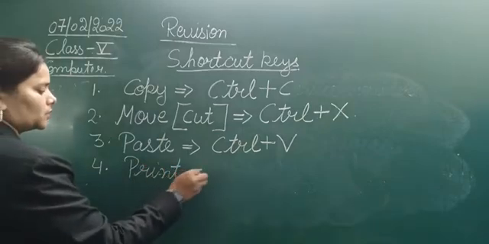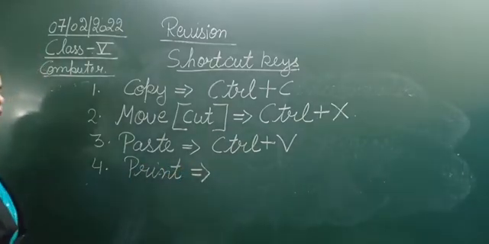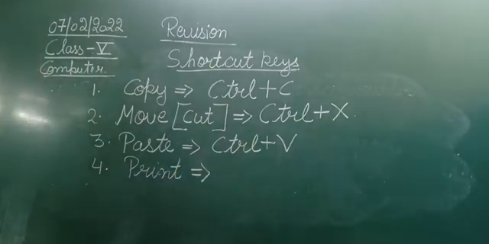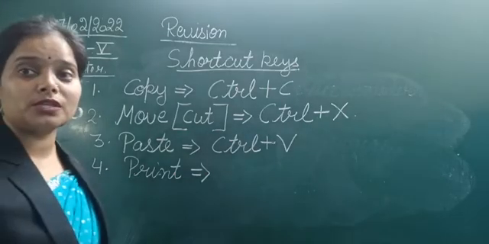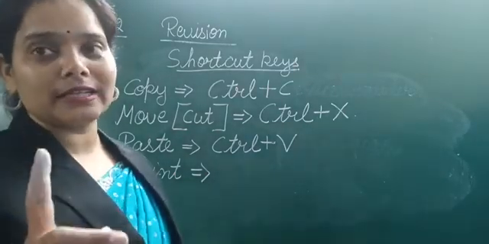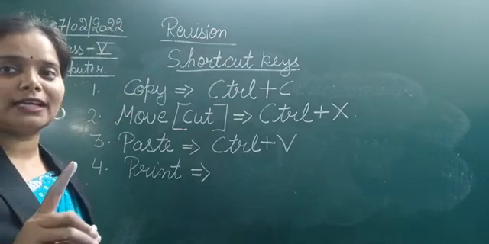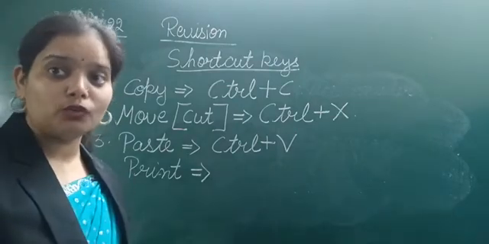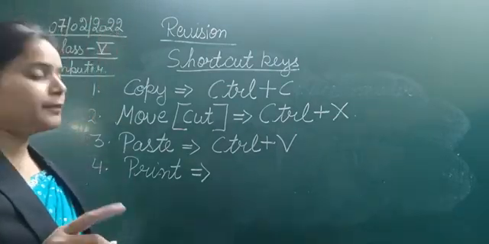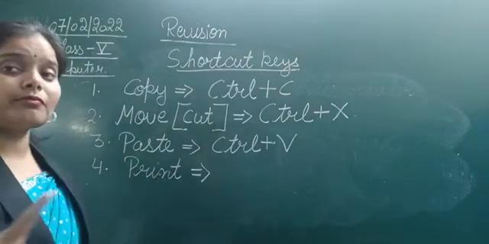Moving next to the fourth one, that is print. If you want to print any document, first of all, the most important thing is that the printer must be connected to the PC from where you want to take the printout.